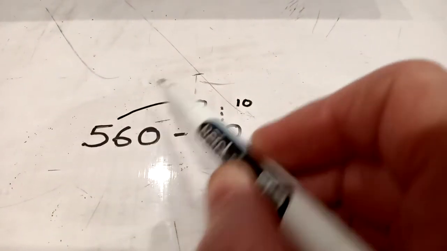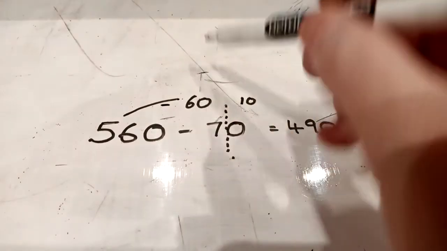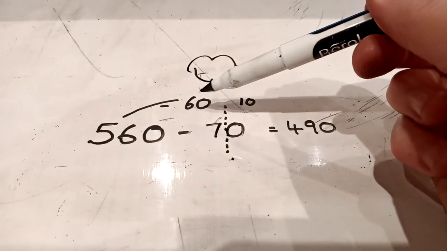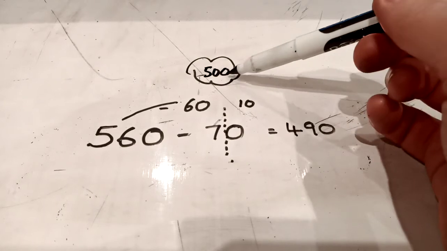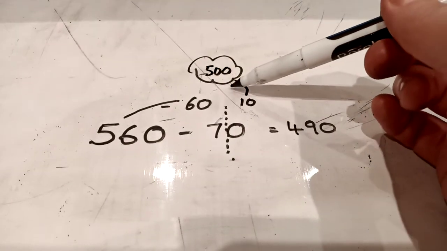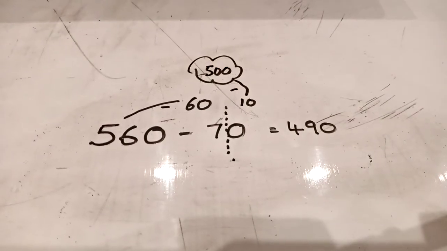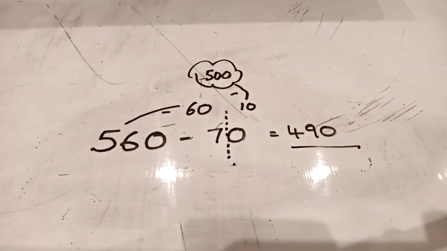So I go from 560, I take away my 60, I get, what's 560 take away 60? 500, and then I've got to take away my 10, which is 490. It doesn't really matter which way you do it, so long as you get your answer right.